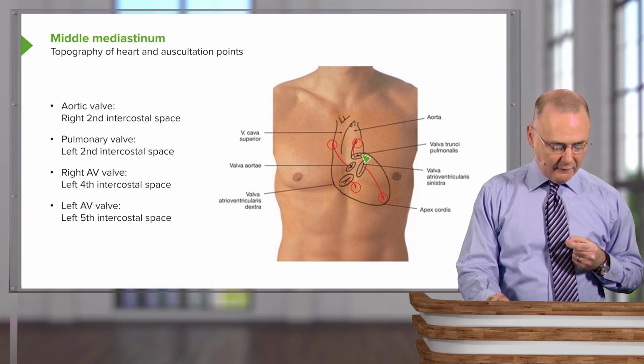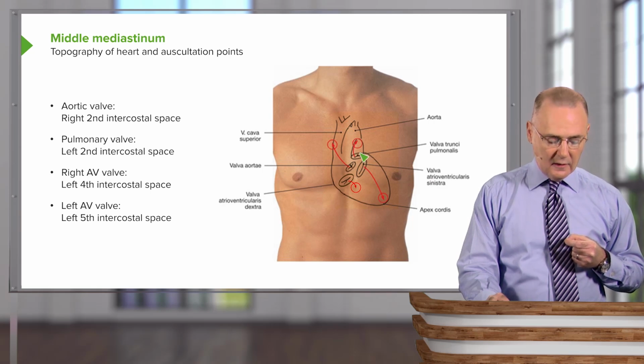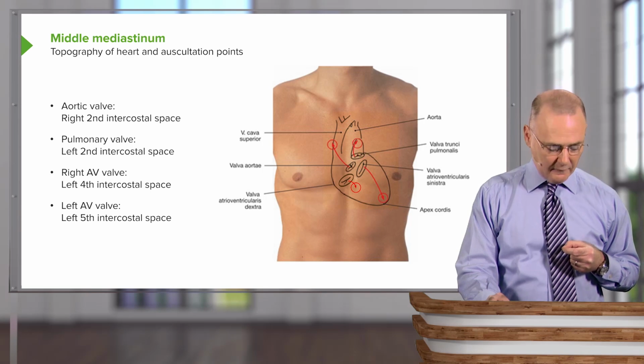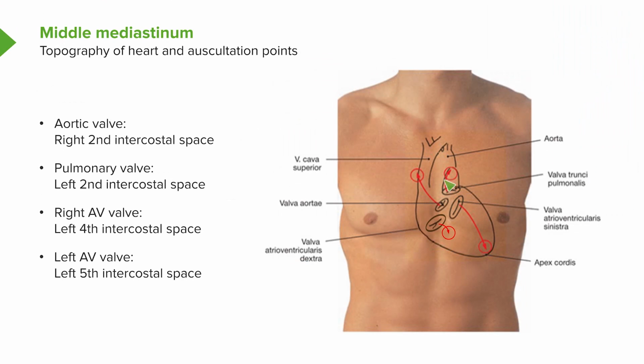We also have, right in through here, the pulmonic or pulmonary semilunar valve. Again, if you follow the vector of blood flow out through this valve, you will see that the optimal area to detect closure of this valve is in the second intercostal space as well, but in the left intercostal space.